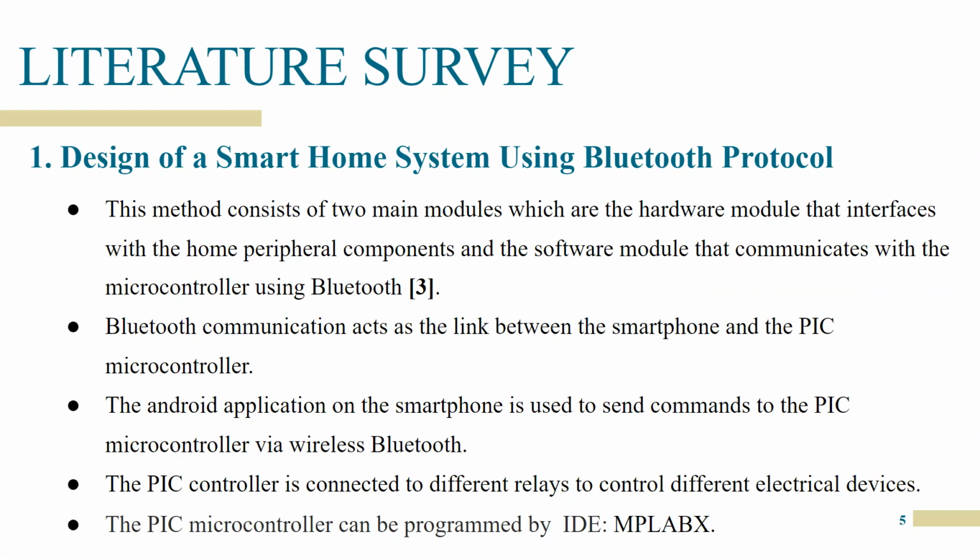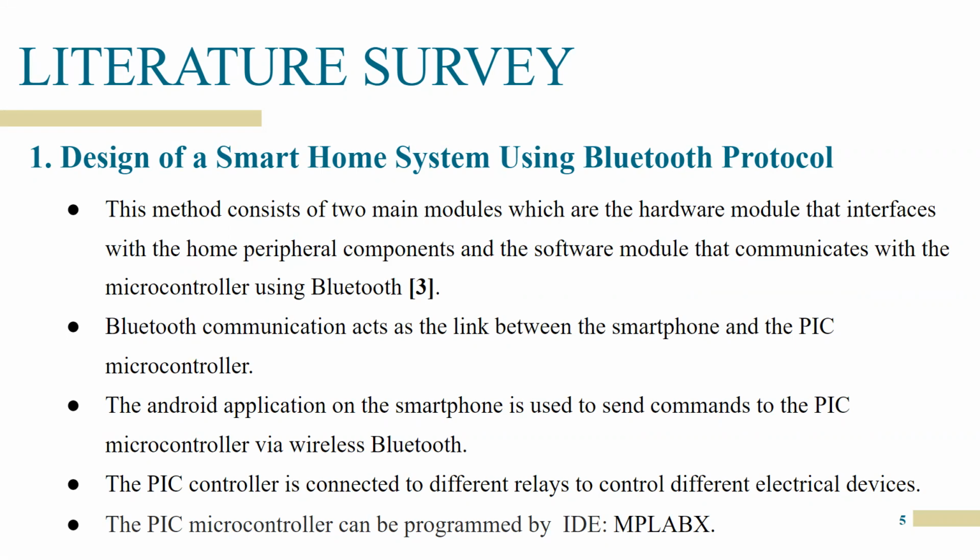Starting with the Bluetooth protocol method, it has two main modules: a hardware module and a software module. The hardware module is useful to interface with the peripheral devices, and the software module handles communication with the microcontroller.